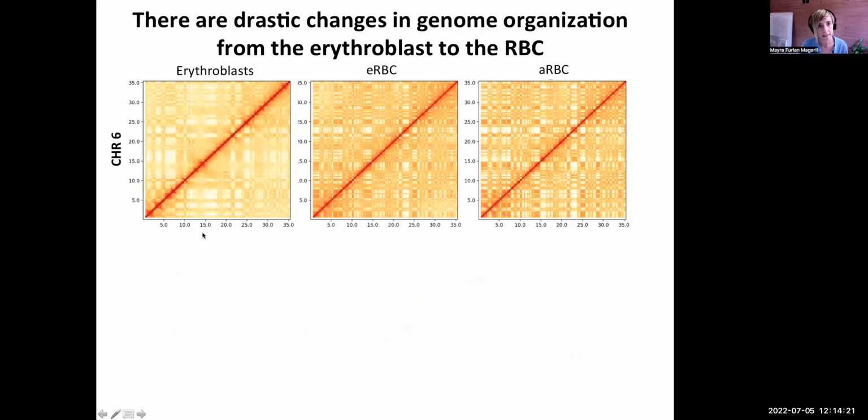So by doing this in our different cells, straight away we could see a clear difference between the blast and the red blood cells, in which we could see this very strong signal at the compartment level in the Hi-C matrices.